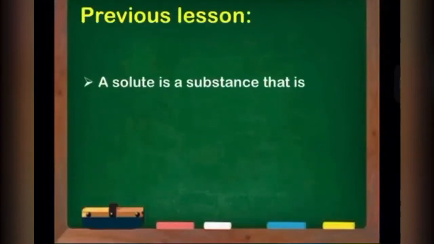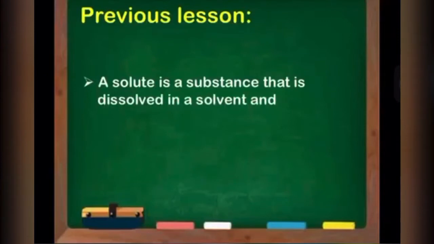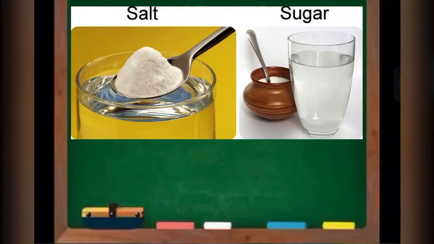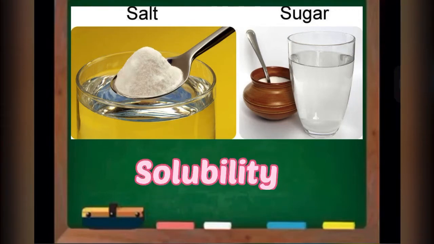In our previous lesson, we have also discussed that a solute is a substance that is dissolved in a solvent, and a solvent is the one that dissolves it. Now, there are substances that can be easily dissolved in a solvent, while others cannot be dissolved by just using water as a solvent. It has something to do with solubility.